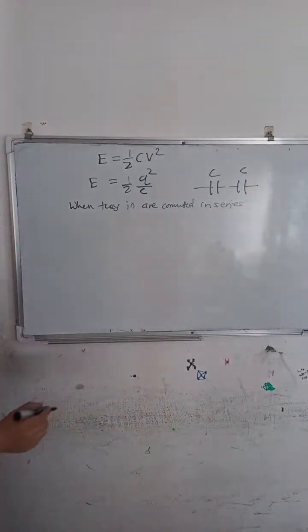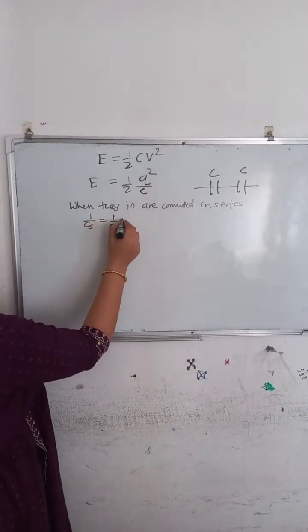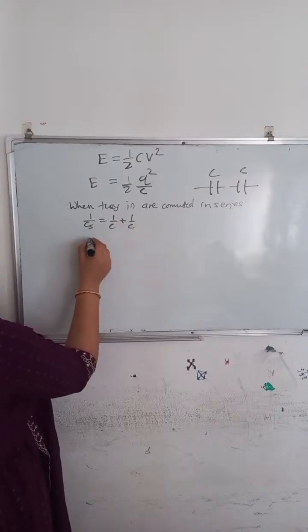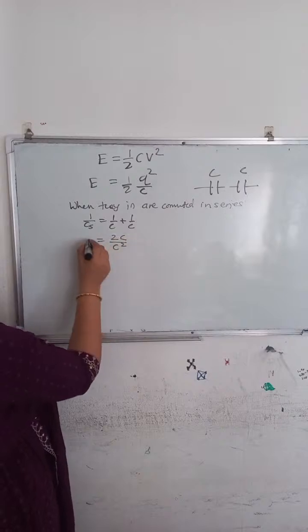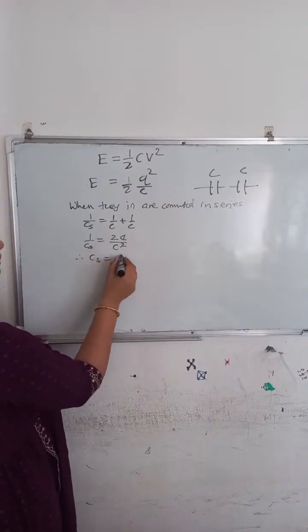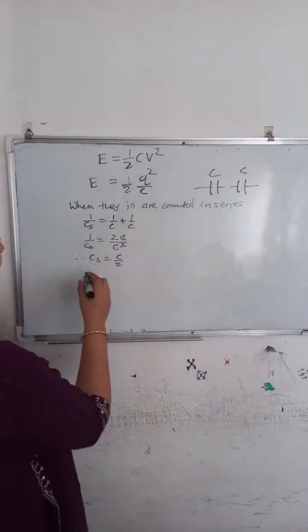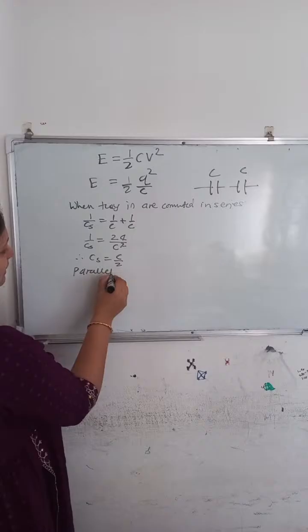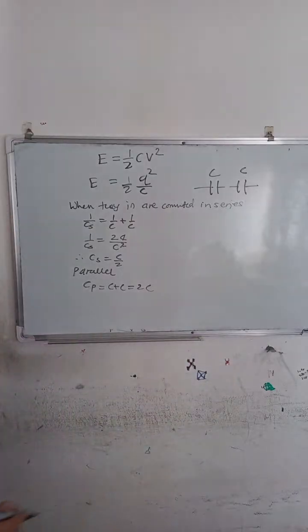If they are connected in series, what is the combination? 1 upon Cs is equal to 1 upon C plus 1 upon C, that is 2 upon C, so Cs is equal to C by 2. This is the capacitance whenever they are connected in series. Suppose they are connected in parallel, then Cp is equal to C plus C, that is equal to 2C.